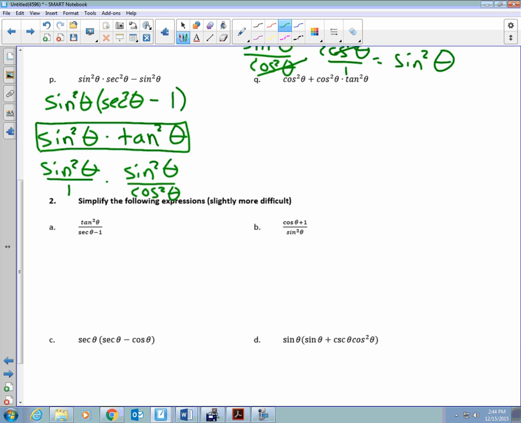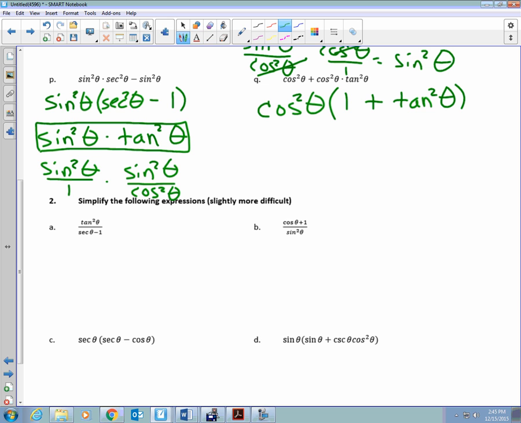Okay, Q, what can you take out of both? A cosine squared. Good. When I take out a cosine squared, what are you left with here? 1 plus. Did we have a question why the 1 is left there? If you take cosine squared times 1, what do you get?